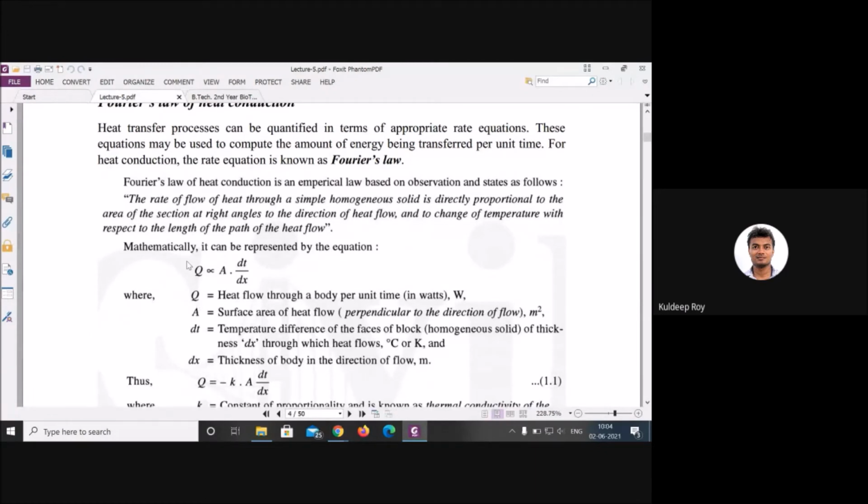It means Q, the heat which is transferring from one position to this position.